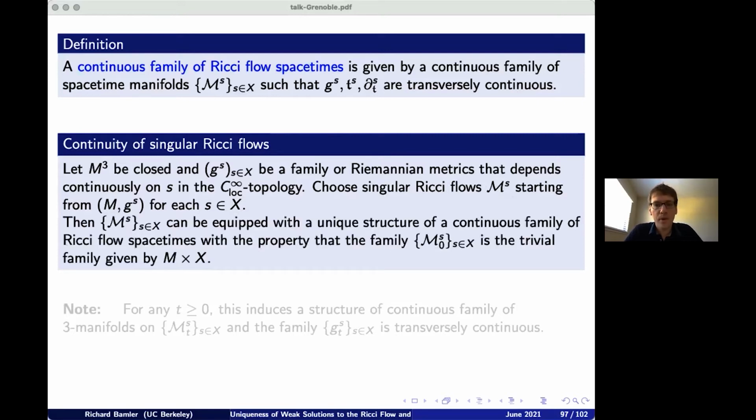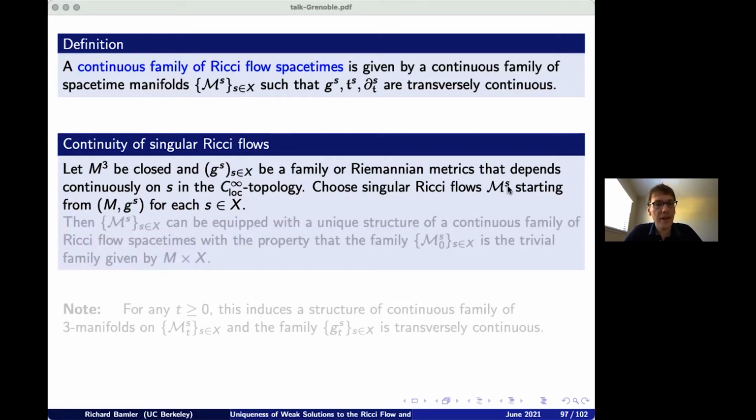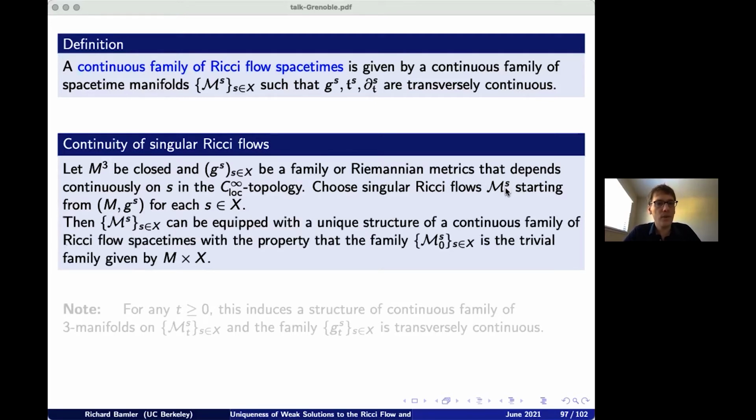Then, again, a priori, these flows may not have anything to do with one another, but we can endow the collection of these flows with a unique structure of a continuous family of Ricci flow spacetimes with the property that the set of time zero slices, such as the trivial family given by the manifold itself, and the corresponding metrics is just the family g_s. It's just the family of initial conditions. And so this is how we can express continuity.